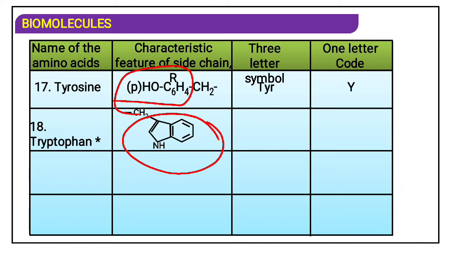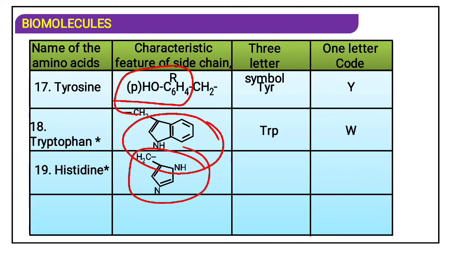Okay, tryptophan. Next one is histidine. Histidine also belongs to the heterocyclic group containing amino acids. This is also called a pyrrole ring.